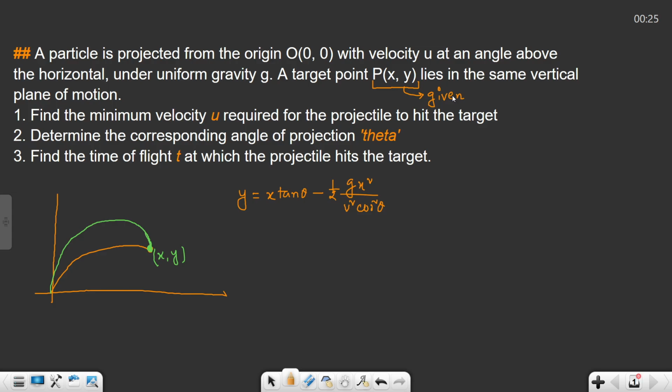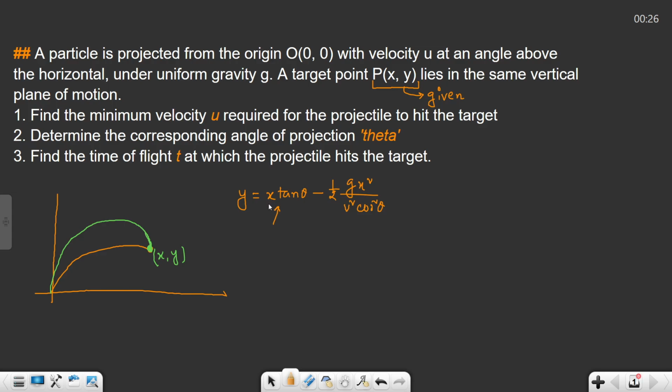Now, if you have seen my previous video where I talked about another problem of this type, where we have to apply the condition of figuring out the real values of theta. So in this equation, we have to plug in the real values of theta, right? So we need to figure out a way to ensure that we are only getting real values of theta. So how do we do that?